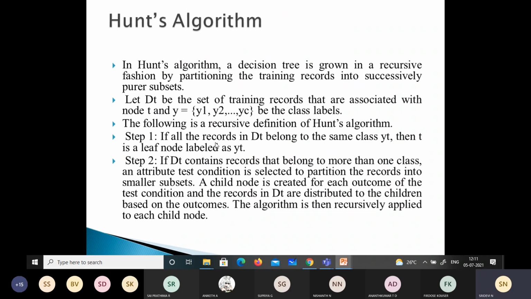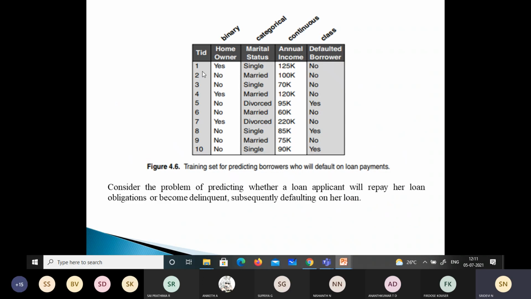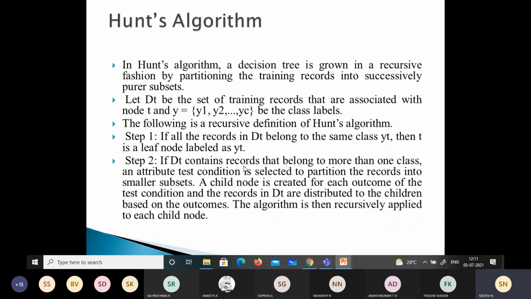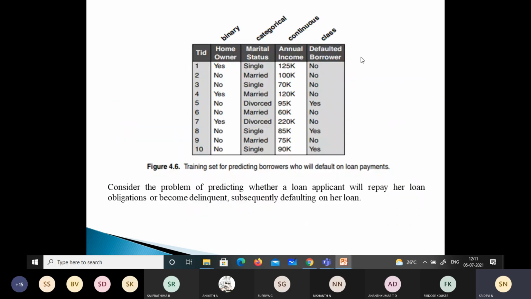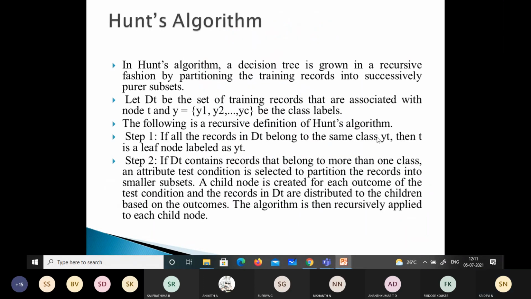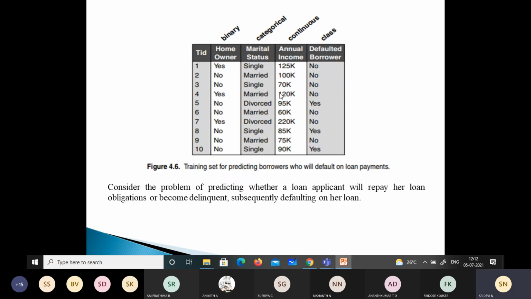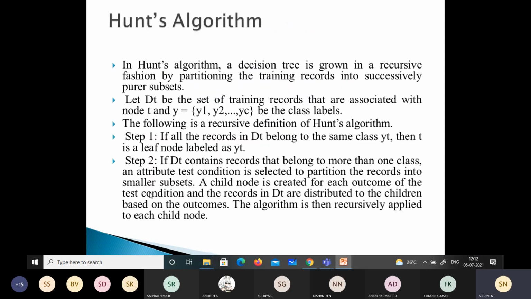On the other hand, this is the training set, 10 transactions we have. If the training set contains records that belong to more than one class, as we notice here, we have two classes, yes and no. In this case, where the records belong to more than one class, we need an attribute test condition to partition the records into smaller subsets.